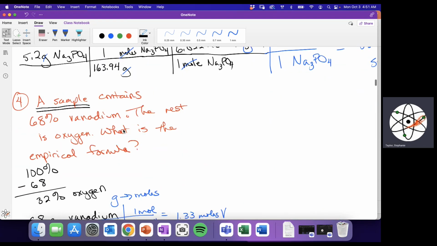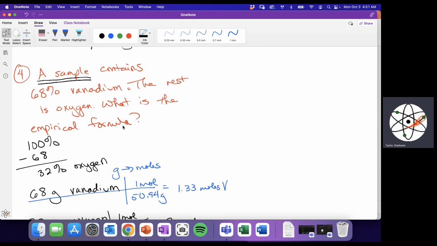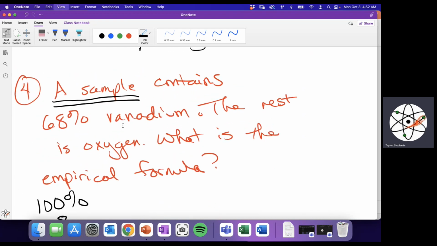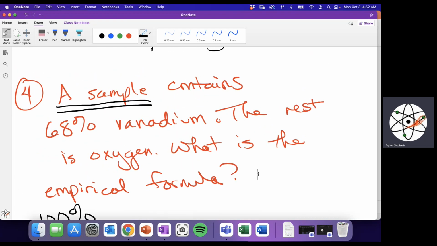There was a question I did that just said a sample contains 68% vanadium. The rest is oxygen. What is the empirical formula? So this question here starts with percent composition, and then it's going to empirical formula. So you start off with the 68% vanadium.